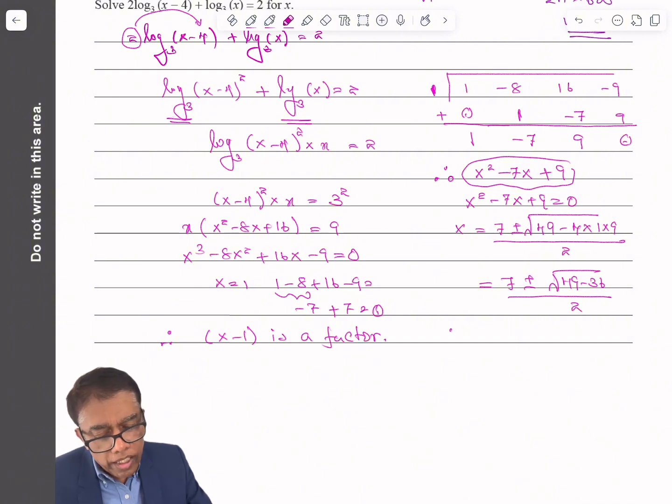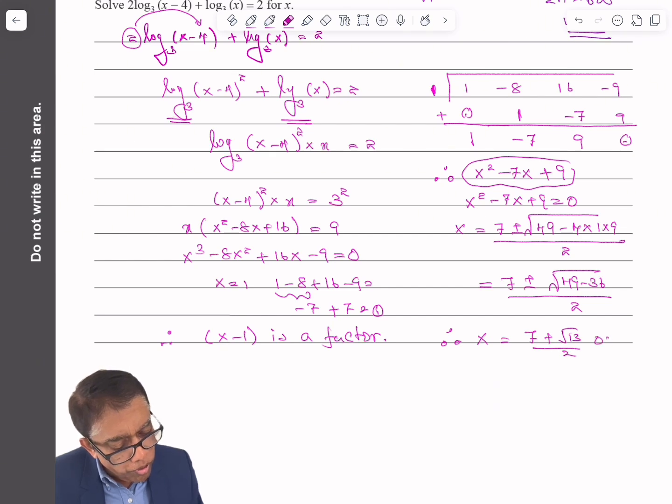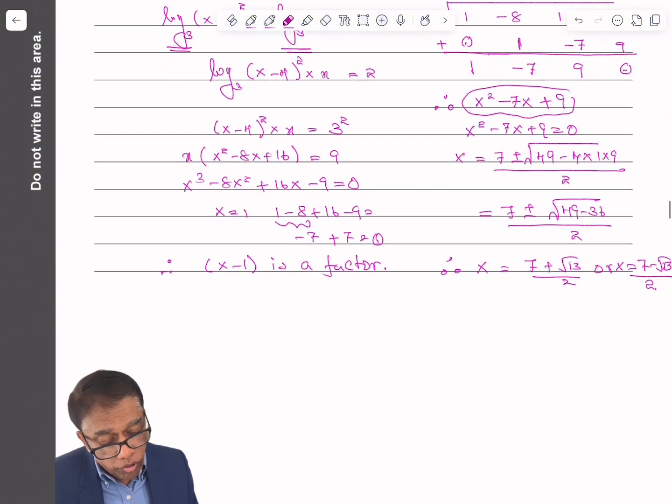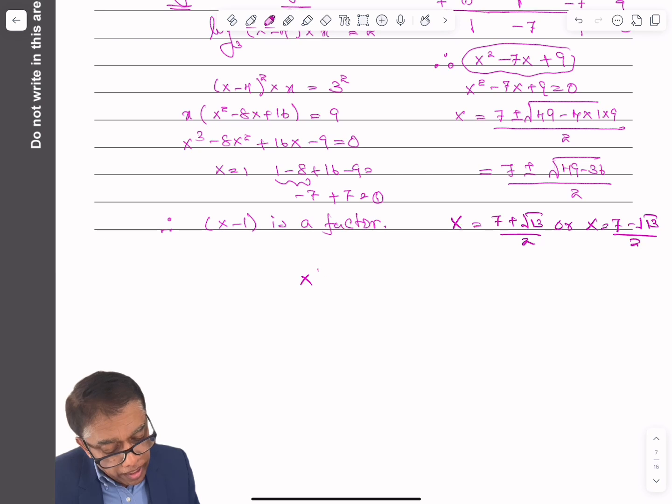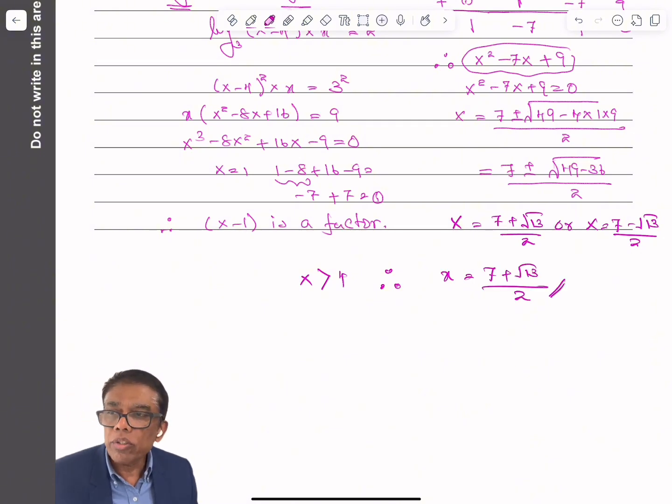Therefore, x is equal to 7 plus square root of 13 over 2, or x is equal to 7 minus square root of 13 over 2. According to the given question, x should be greater than 4. Therefore, there's only one solution: x is equal to 7 plus square root of 13 over 2. This is the required solution.